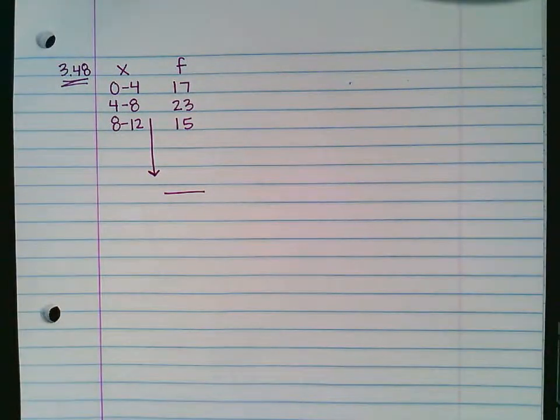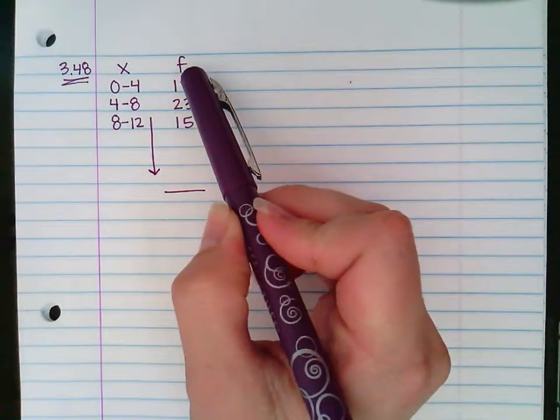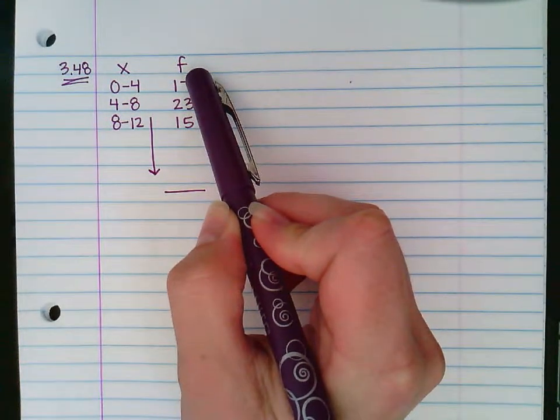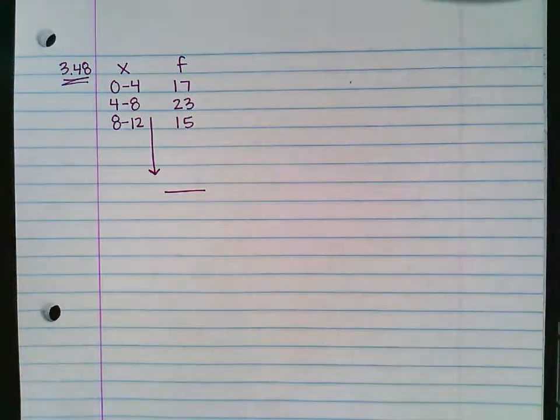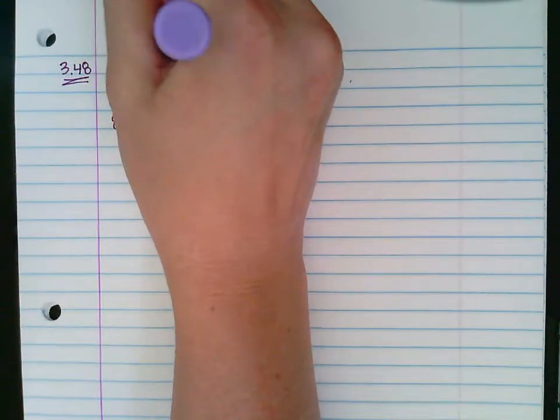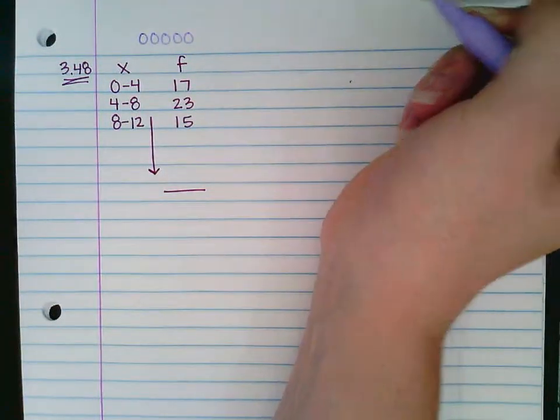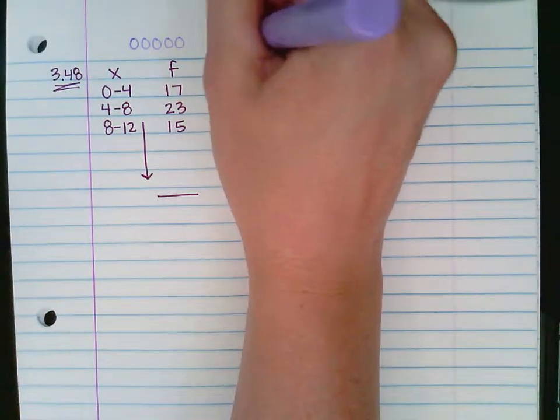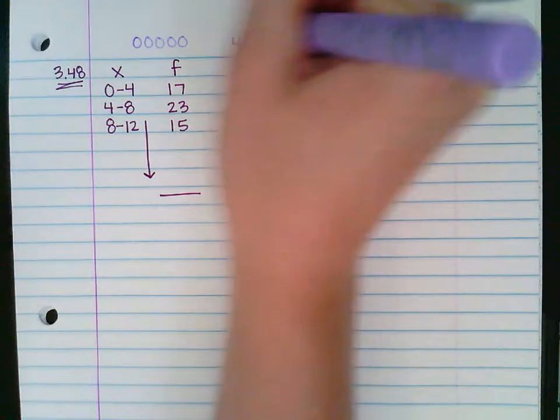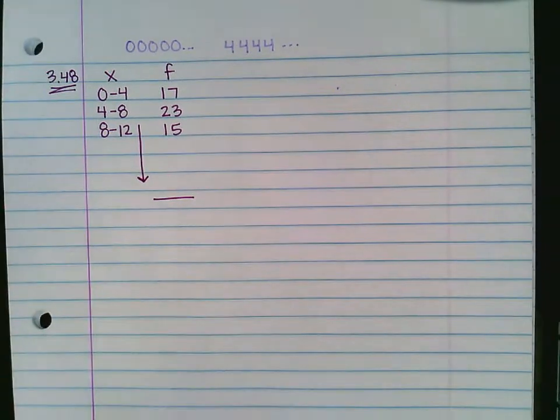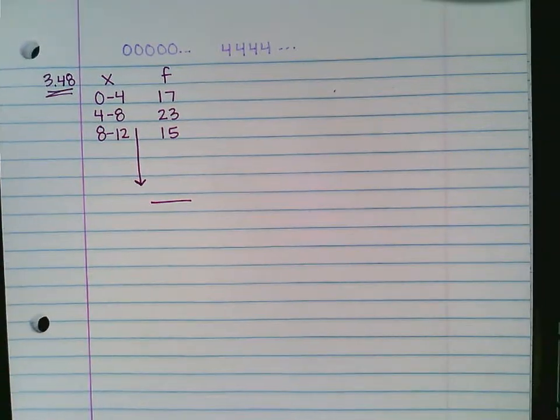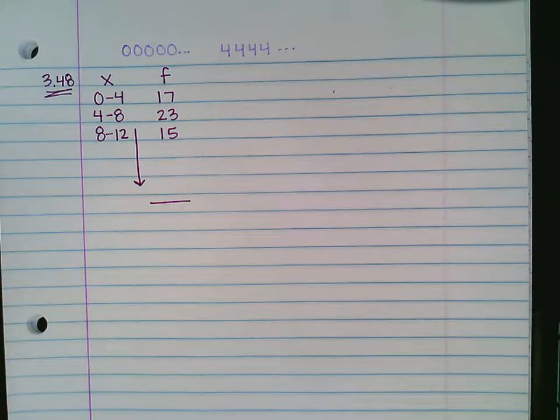The problem is that I don't know what values those 17 data points have. They might be 17 zeros, it might be 17 fours, or it's probably some combination of something in between, but I don't really know what it is.